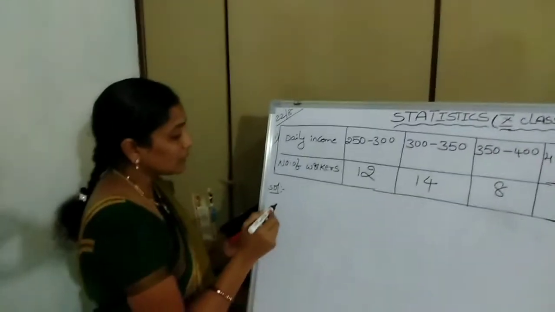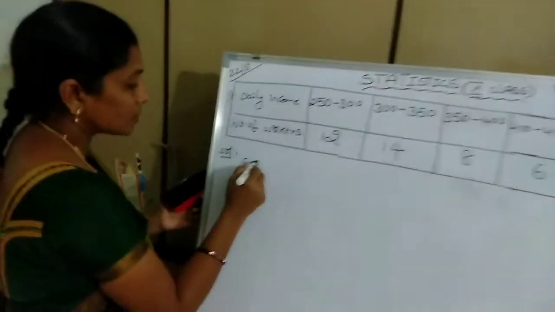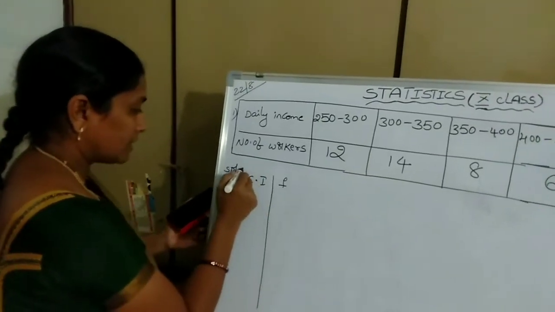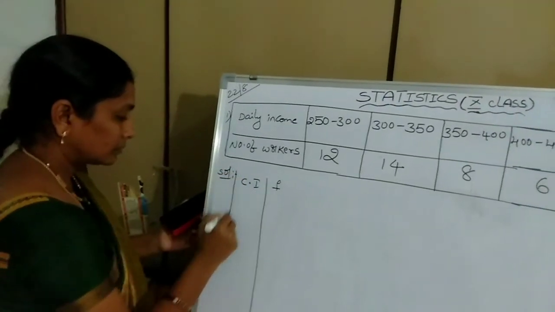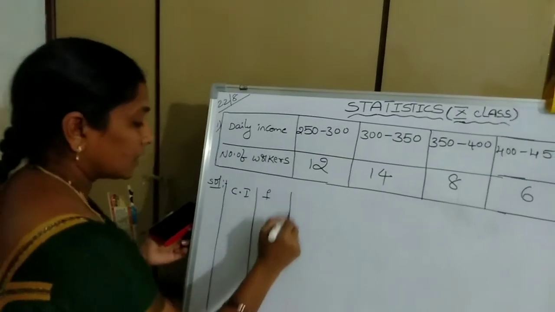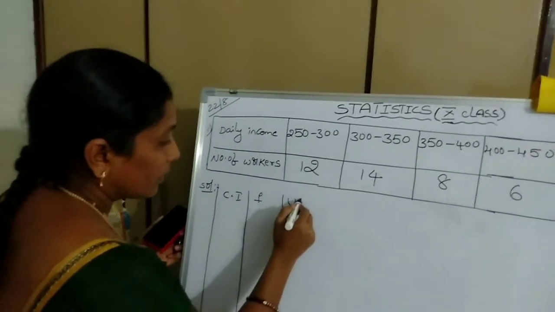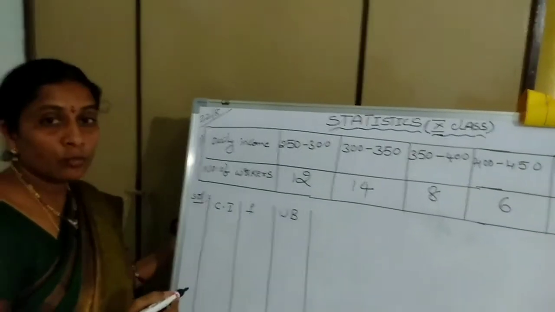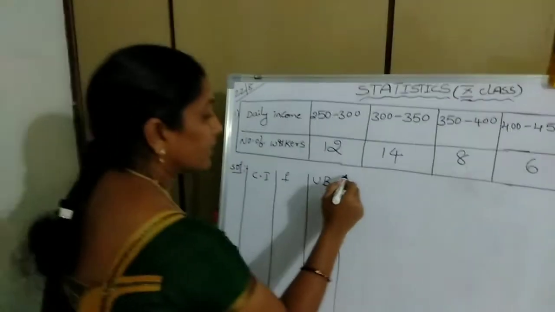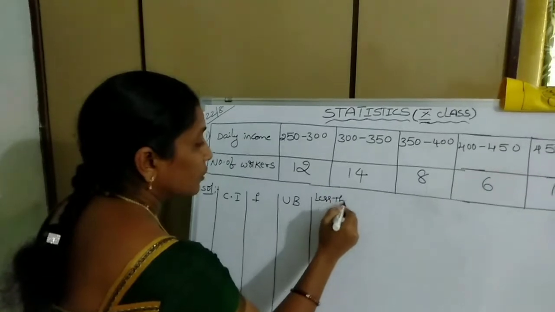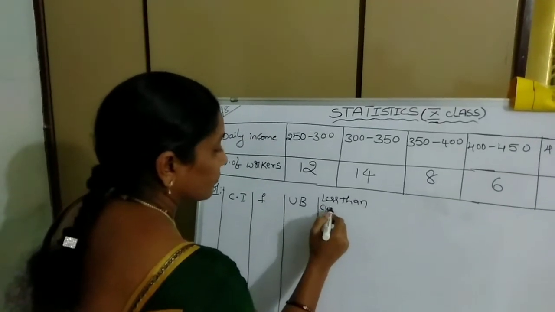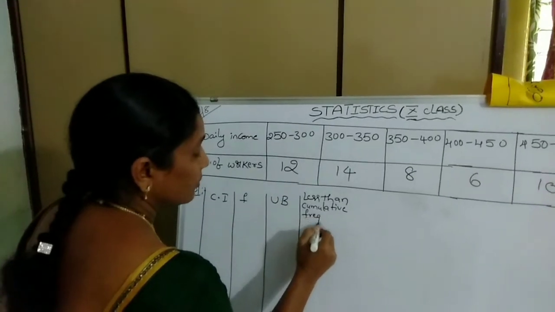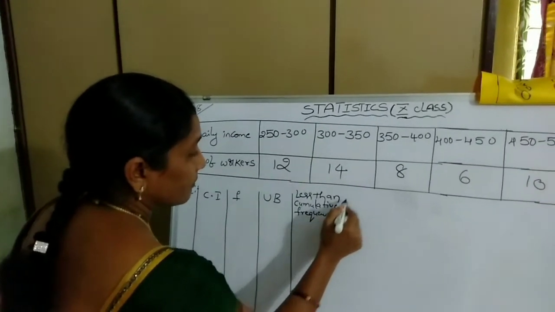In the table, there are mainly 4 columns. The first one is class intervals, the second one is frequency, the third one is upper boundaries, and the fourth one is the less than cumulative frequency.